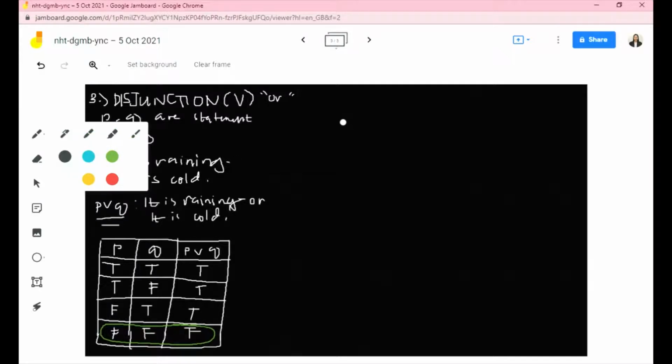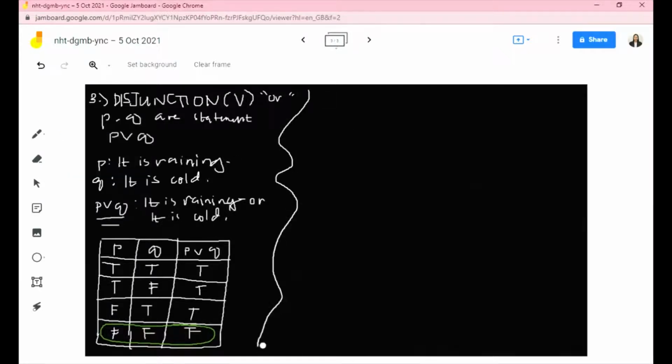Now let's move forward. Let's go to our fourth logical connective, and that is called the conditional. Conditional, which is in this form, and it can be read as if, then. So that is how a conditional statement is.